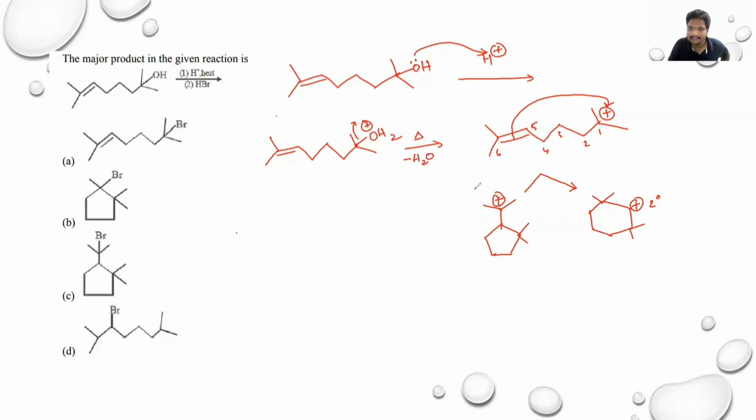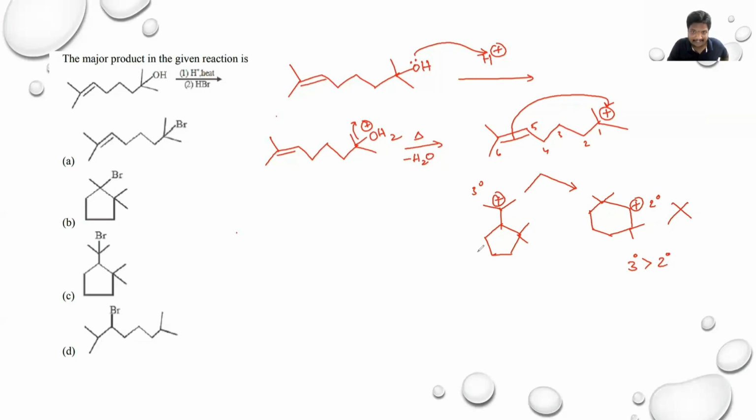And this is a tertiary carbocation. A tertiary carbocation is more stable than a secondary carbocation, so there is no possibility of the cyclization which leads to the 6-membered ring. You will not observe this one. Here we observe this cyclization product.